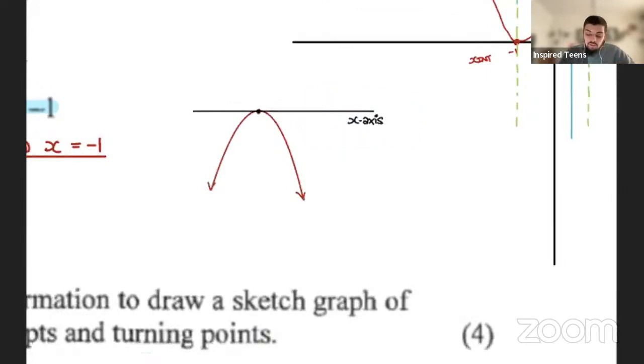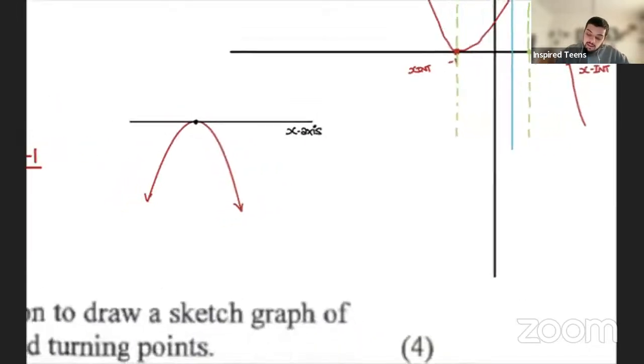And if they're telling you that the x-axis is the tangent to the graph at that point, the x-axis is a horizontal line. And if a horizontal line is a tangent to the graph, that means that horizontal line cuts the graph, because remember the tangent only cuts the graph at one coordinate. So where it touches the graph has to be a turning point, because if the tangent is a horizontal line, that only happens at a turning point.